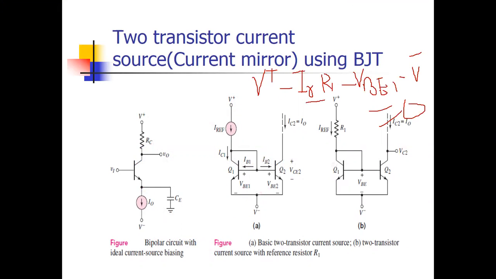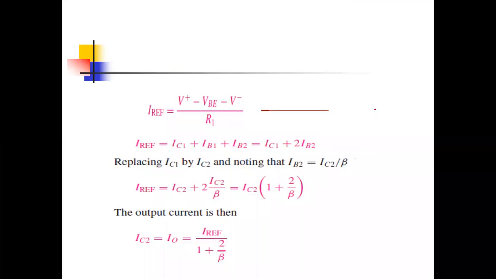I reference equals V positive minus VBE minus V negative, divided by R1. This is your equation 1.